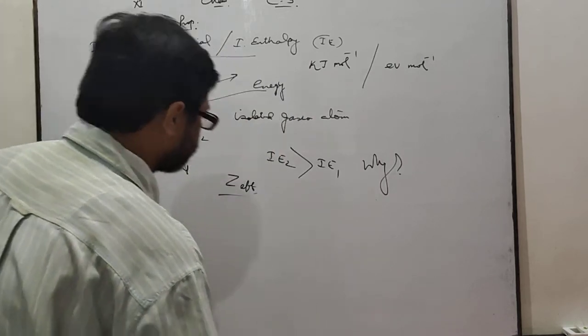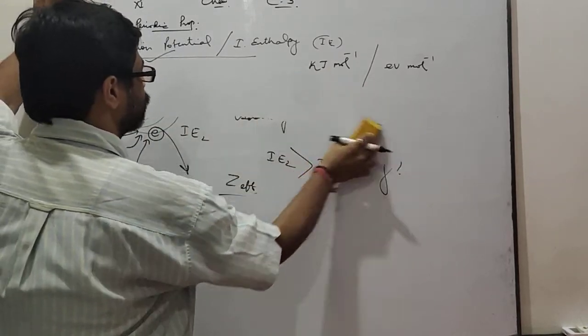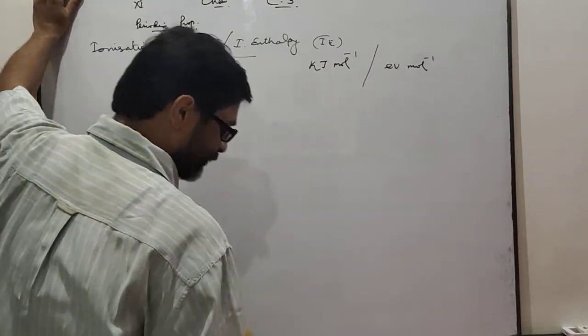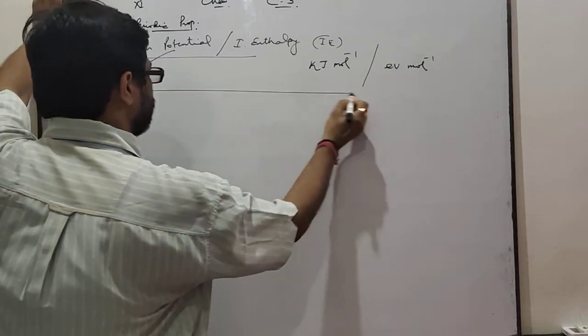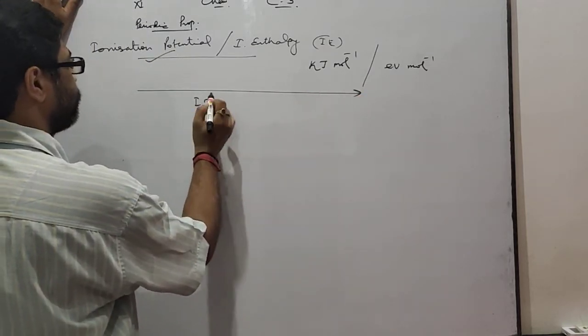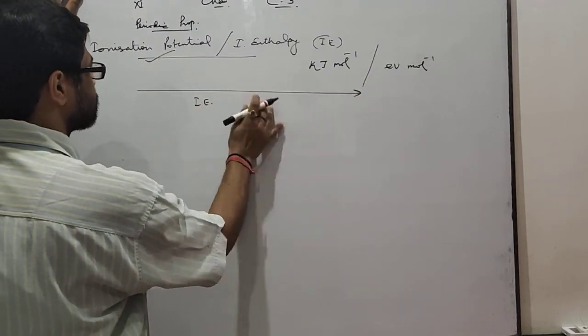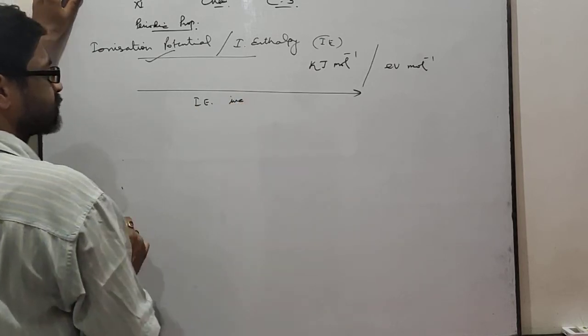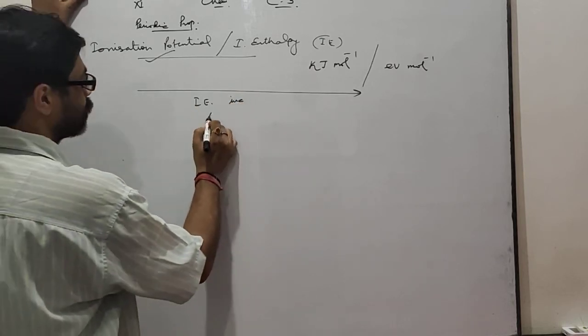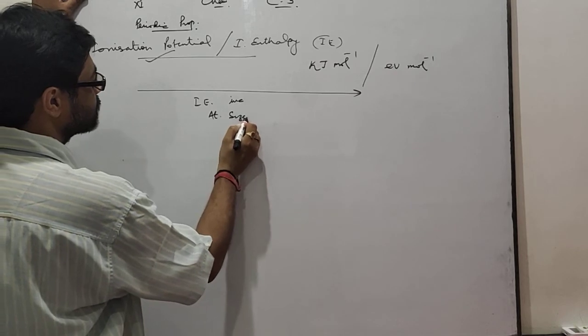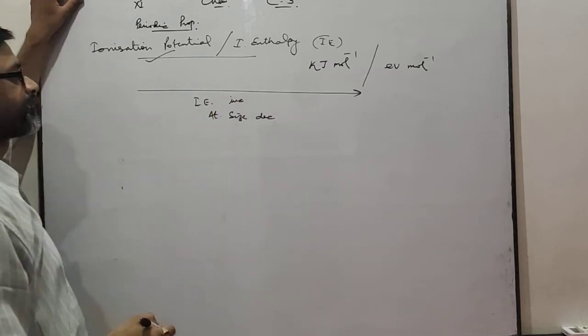Within any period, on moving from left to right, the ionization enthalpy increases. This is because atomic radius, or you can say atomic size, decreases.